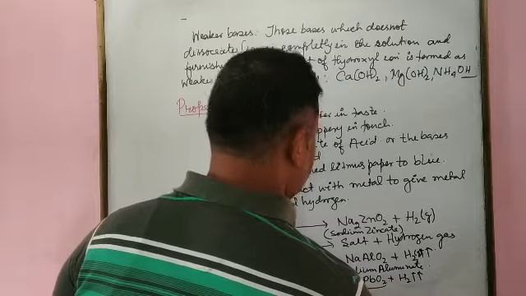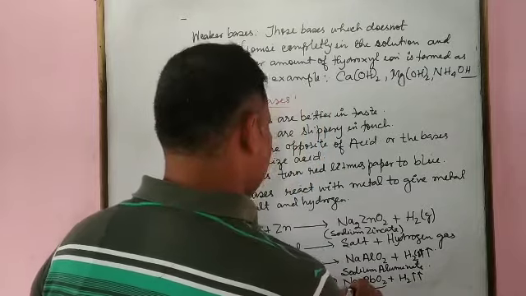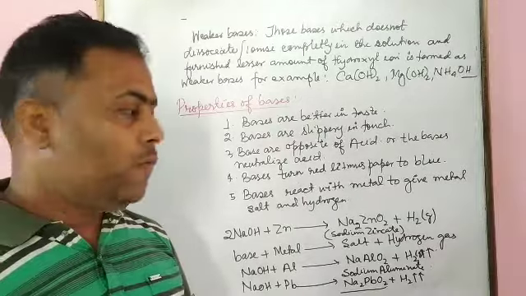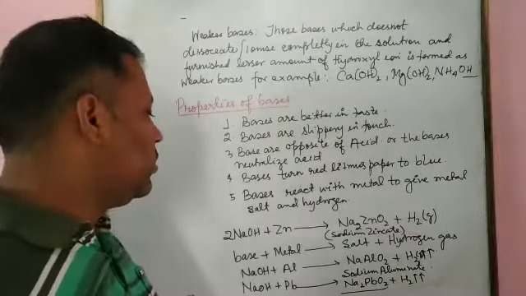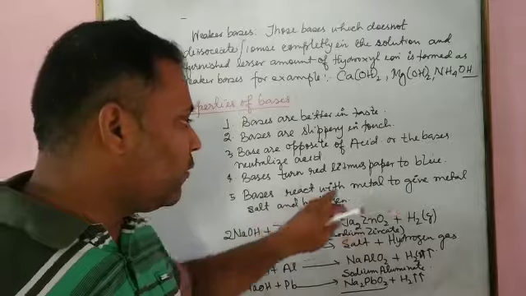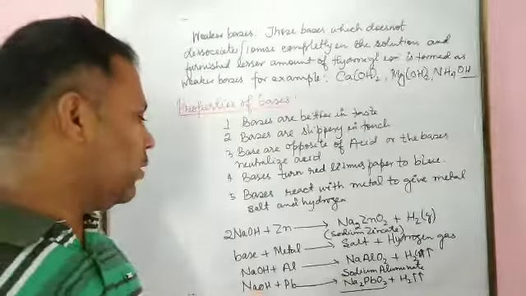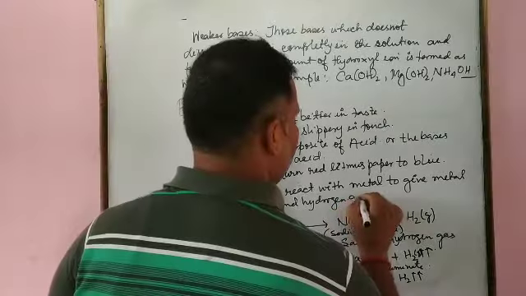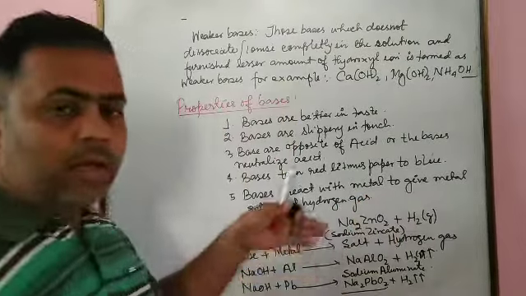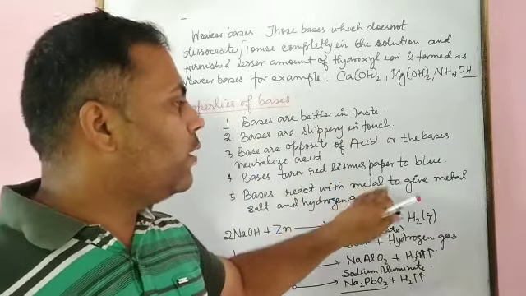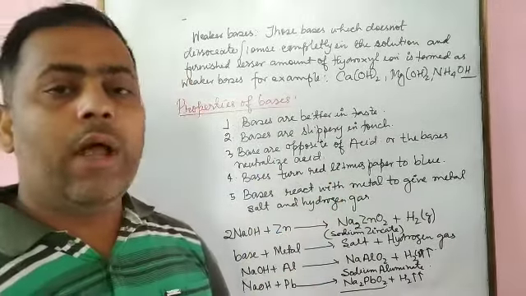This is known as sodium plumbite. What we know? We know in this case the bases react with metal to give metal salt and hydrogen gas. The acid also reacts with metal to give metal salt and hydrogen gas.